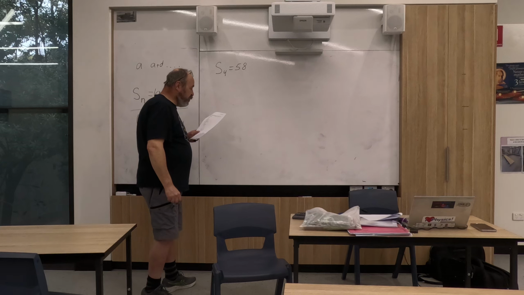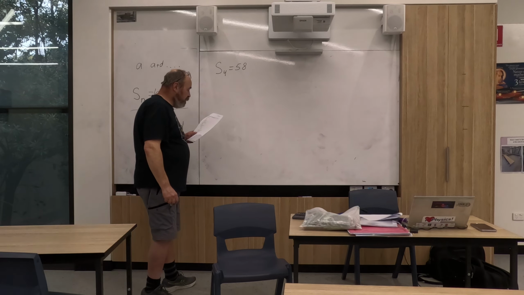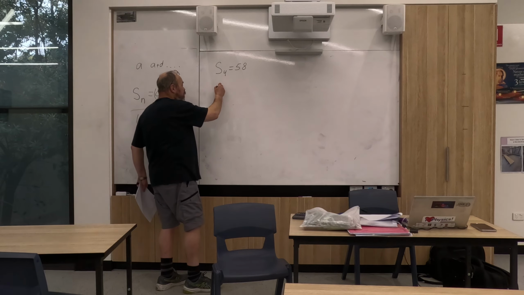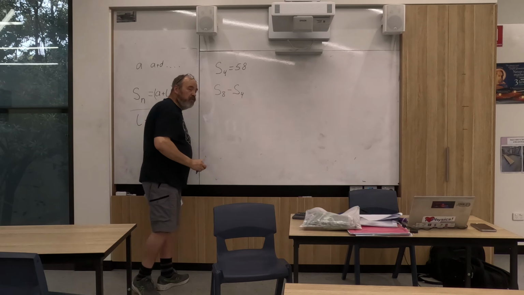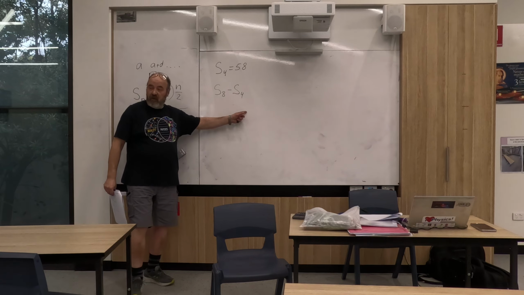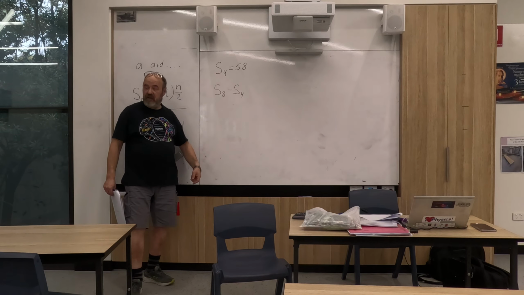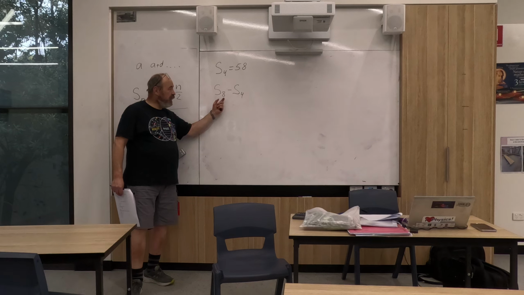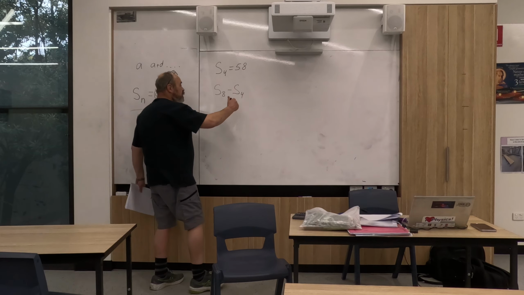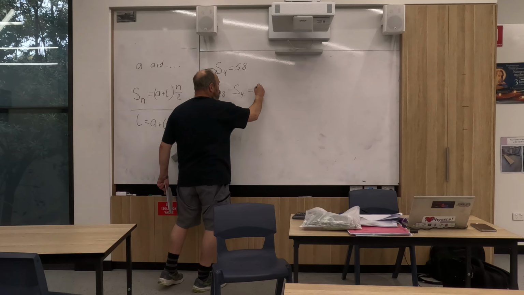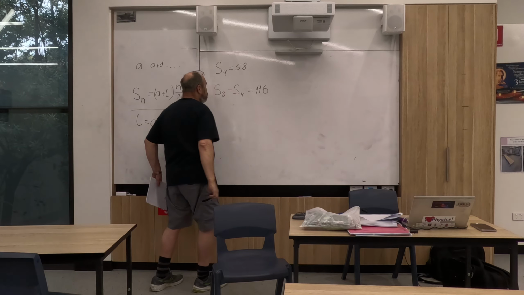The sum of the next 4 terms is twice that number. The next 4 terms will be S8, the sum of all first 8, minus the sum of the first 4. That will give us the sum of the 5th, 6th, 7th, and 8th terms. Make sense? And it says double this number, so it equals 116.